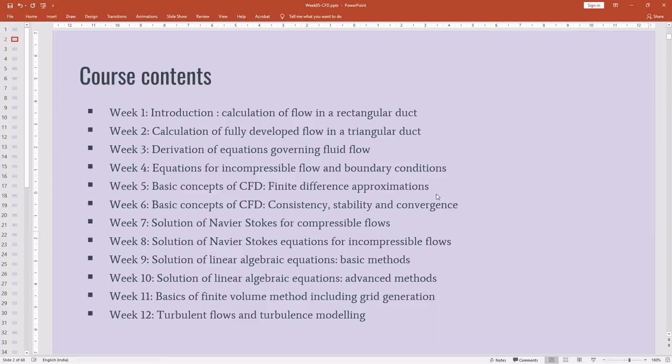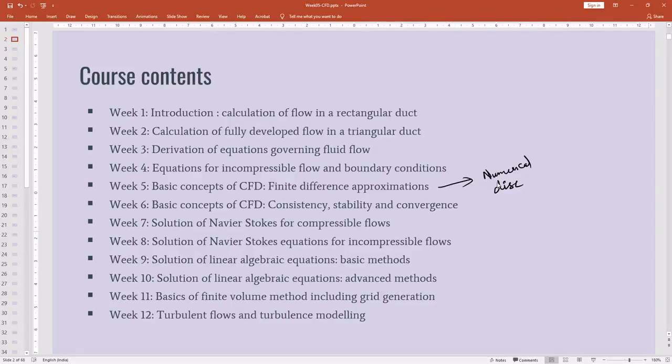So in week 3 videos and week 5 videos, the lectures are about the numerical schemes, and also how we can establish or discretize different scenarios or different equations.